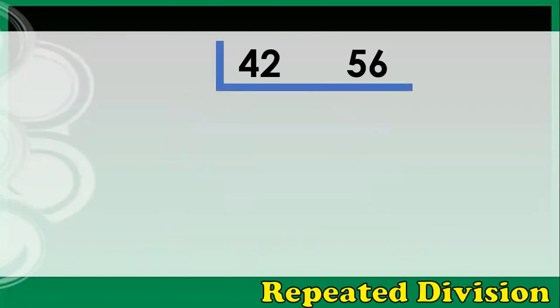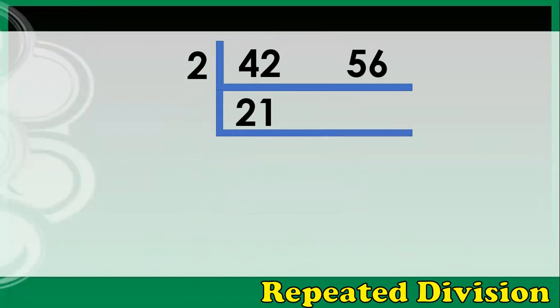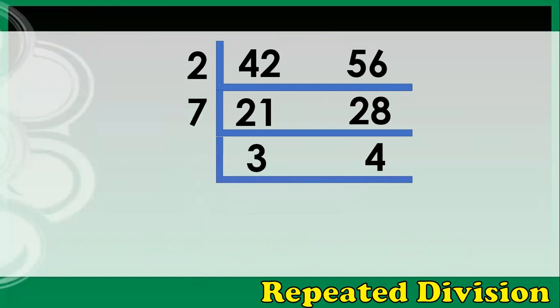Okay, another one, we have 42 and 56, divided by the smallest prime number, which is 2. 42 divided by 2 is 21. 56 divided by 2 is 28. So we're going to divide again with a prime number, that is 7. 21 divided by 7 is 3. 28 divided by 7 is 4. Okay, again, we're going to divide with a prime number.